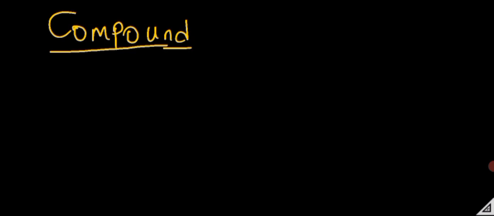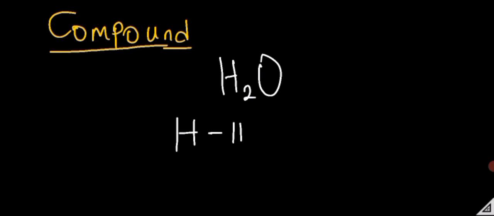For example, let's take water. You know that the chemical formula for water is H2O. It's very popular, right? From this, we can see that 2 hydrogen came together with oxygen.